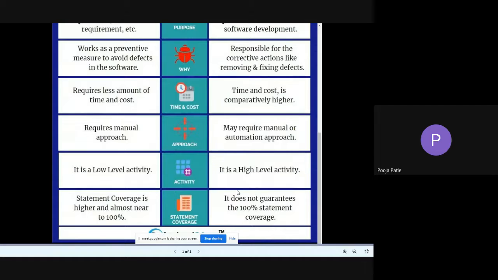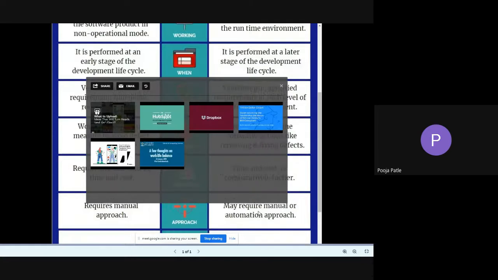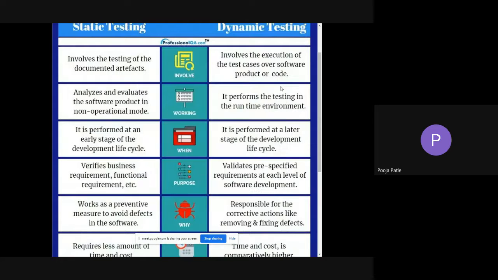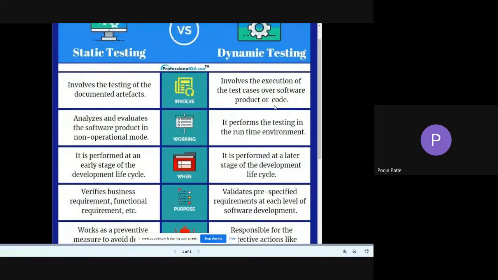Statement coverage is higher and almost near 100% in static, whereas in dynamic, it does not guarantee 100% statement coverage. So, this is the key difference between static and dynamic testing in unit testing. This is all about static and dynamic testing. Thank you so much.